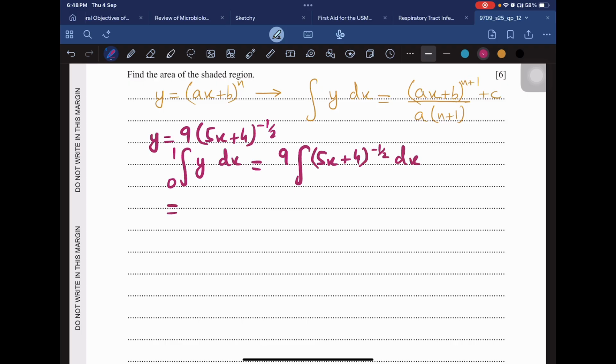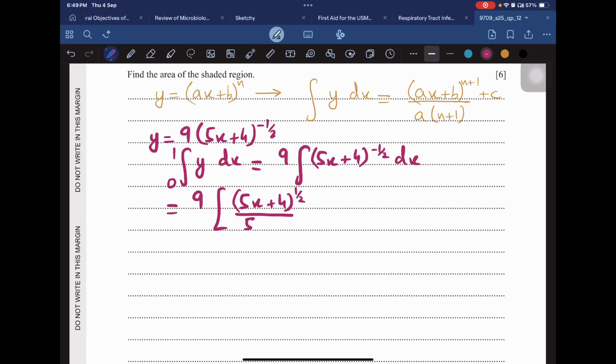Okay. So now, as you can see over here, we write the same thing as it is, but we increase the power by 1. So we have the same bracket, but the power instead of negative half will become negative half plus 1, which is half, upon the coefficient of x and the new power.